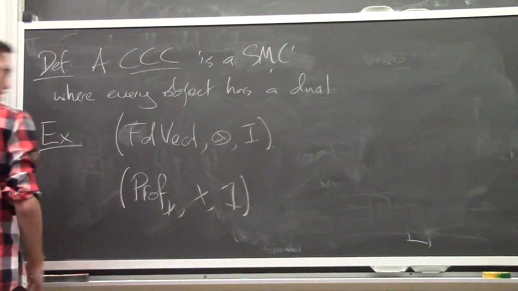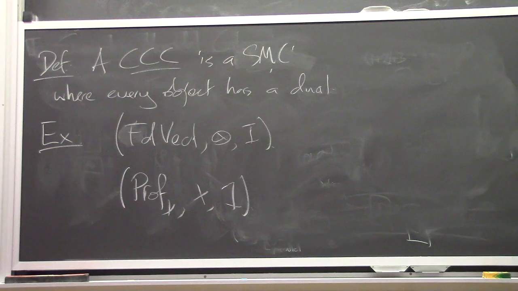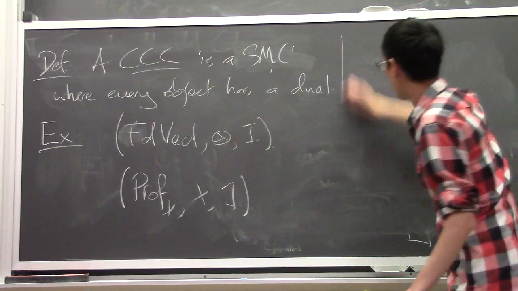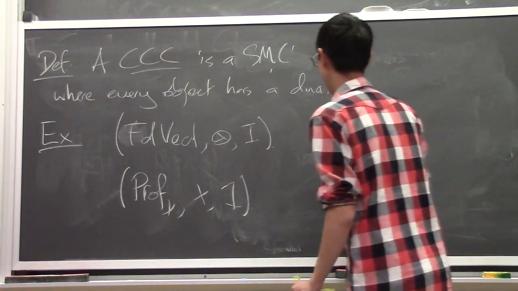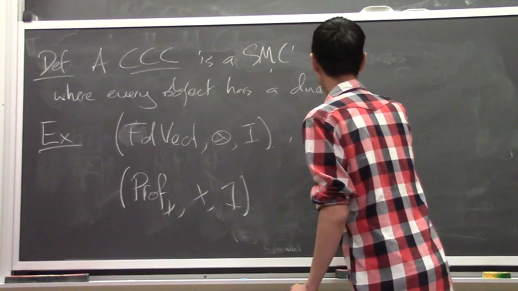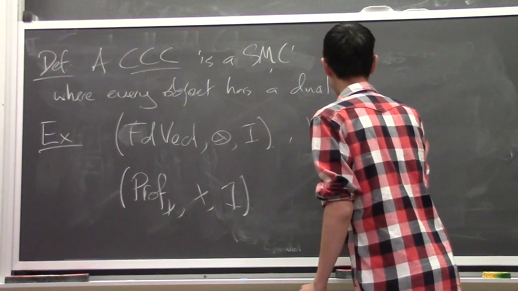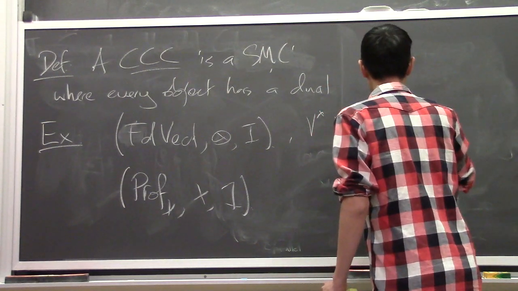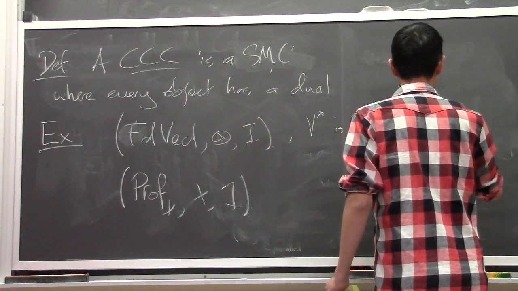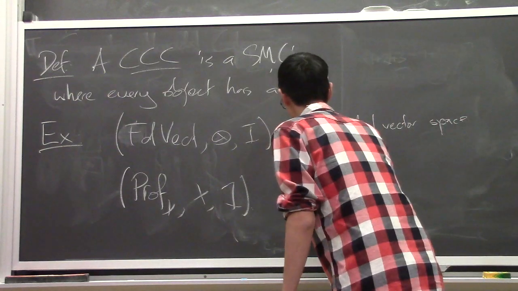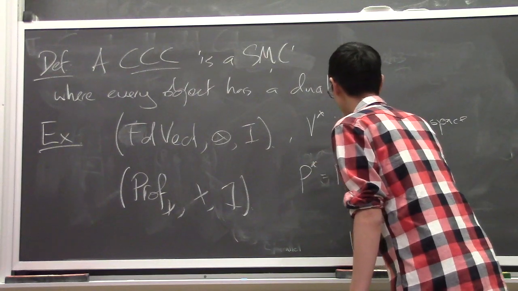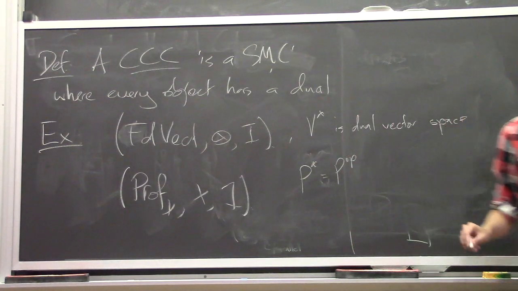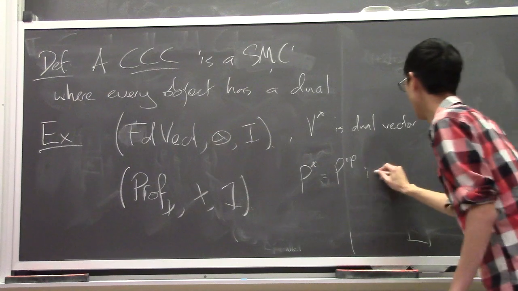So you might ask, in this category of Boolean profunctors, what are the duals? Here V dual is the dual vector space, which sounds awfully tautological. Here, if we have some pre-order P, then we take P star to be the opposite pre-order.